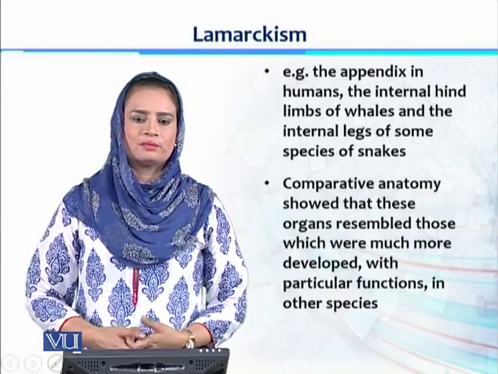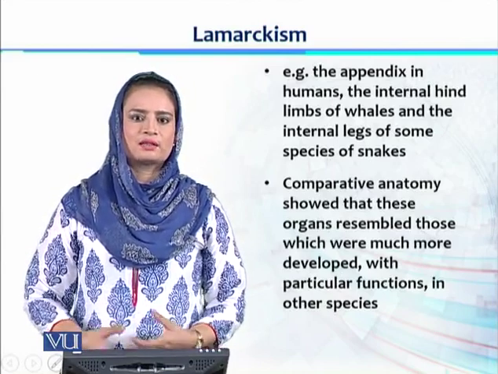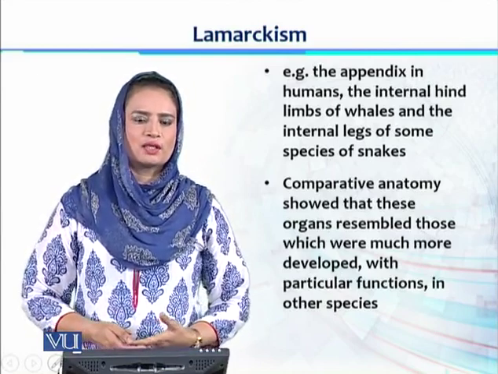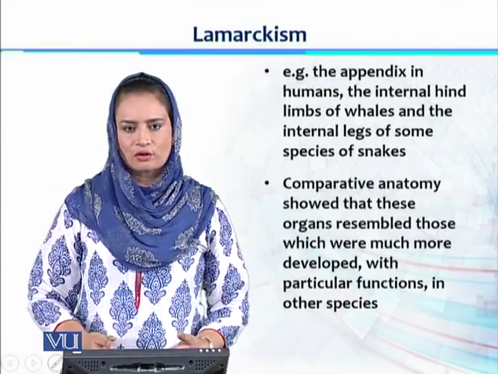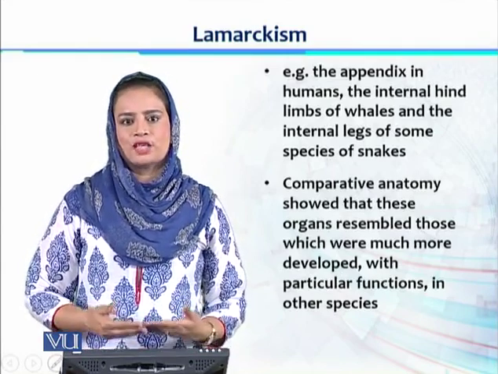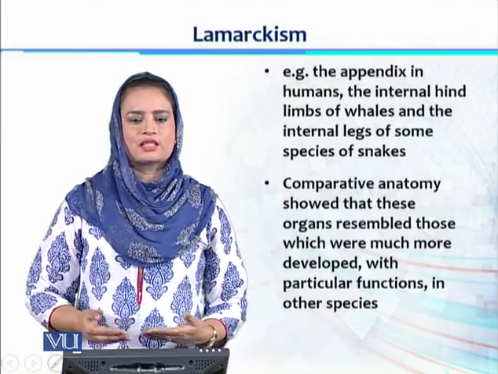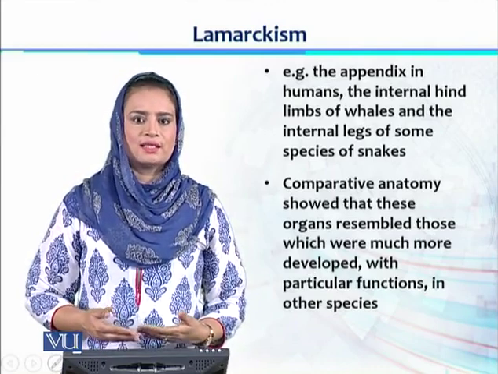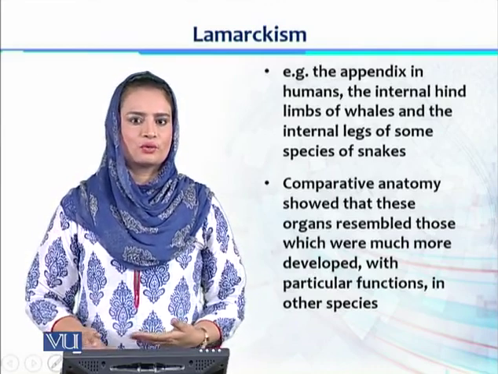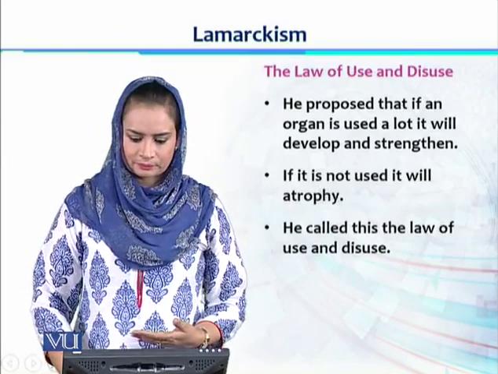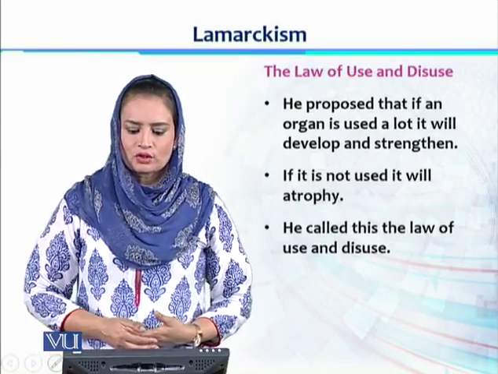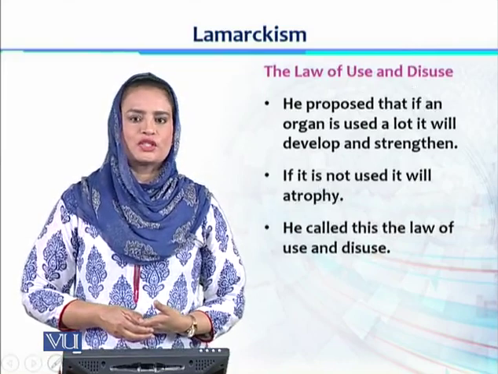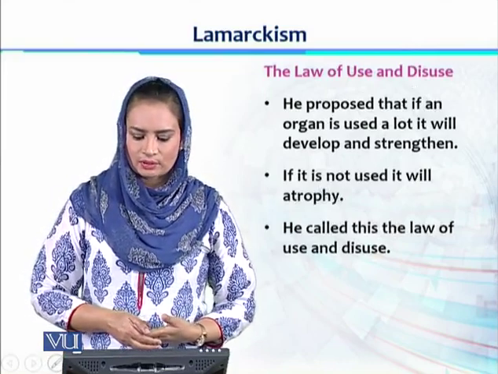So that is the one evidence which came from the vestigial organs, that because of the disuse of the organ, its functionality will be reduced, and this character will be passed on to the next generation. So he proposed his law of use and disuse.